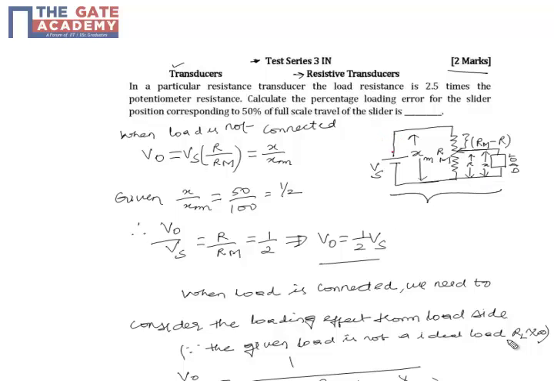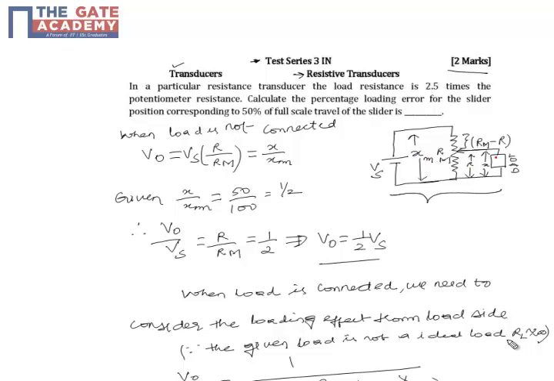So we have a potentiometer which is connected to a voltage source Vs, and the total resistance of the potentiometer I am giving a notation as Rm, and the displacement be Xm, which is the complete displacement of the pot.